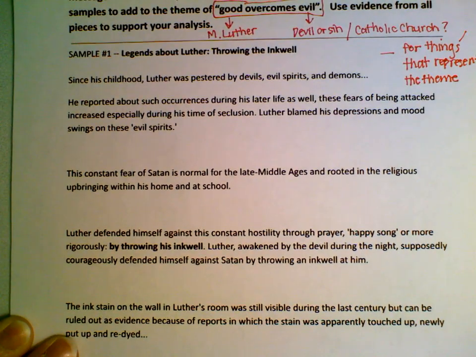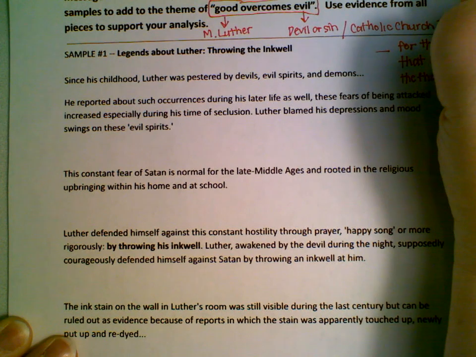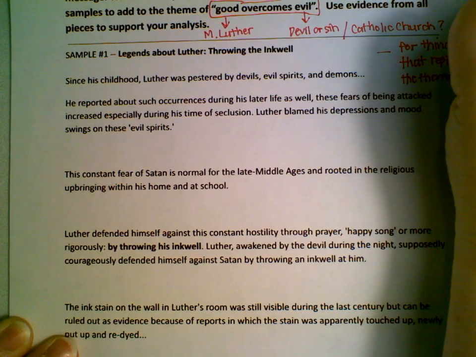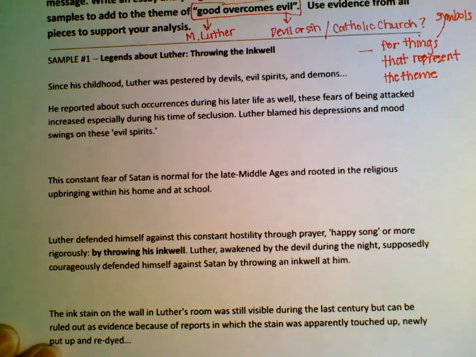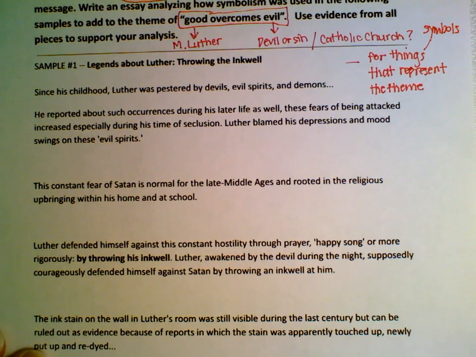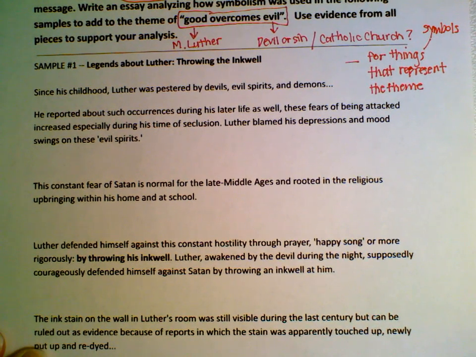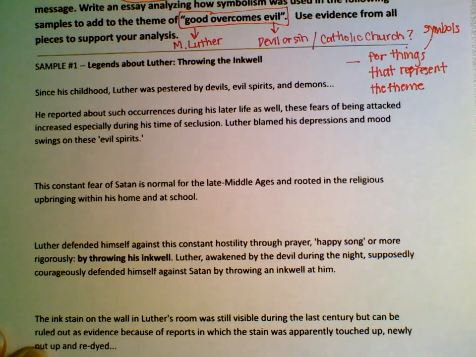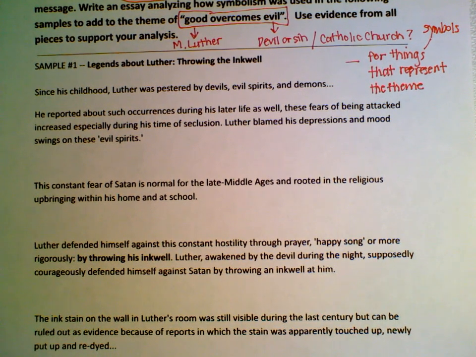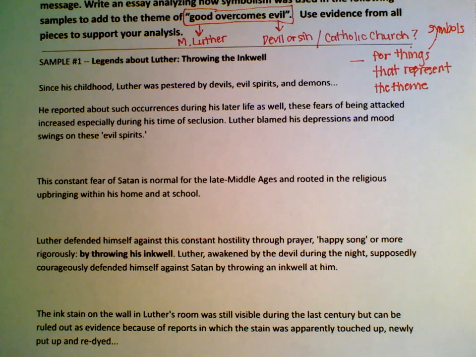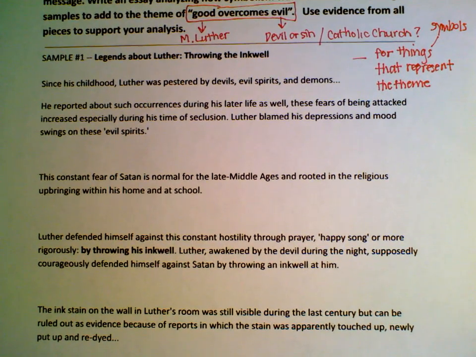Specifically, these things are going to be symbols. Okay? Symbols of something else. That's what we're looking for when we are actively reading in this case. So, what I want to do is I'm going to read the whole thing through one time, and then we're going to go back and actively read it together.